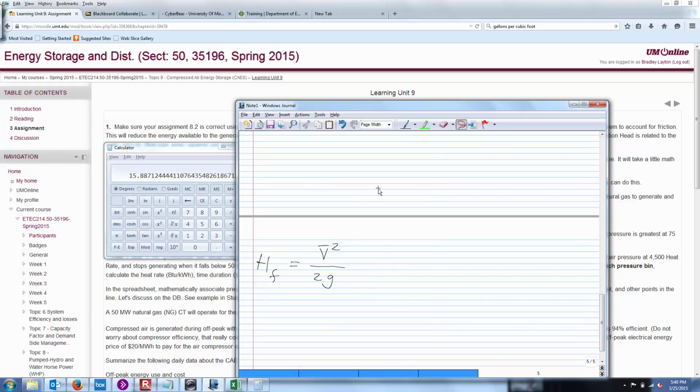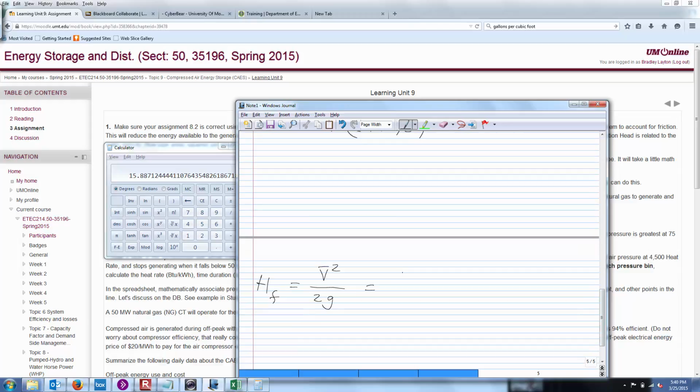So HF equals, so we can throw in our 15.9 feet per second, and this whole guy is squared.